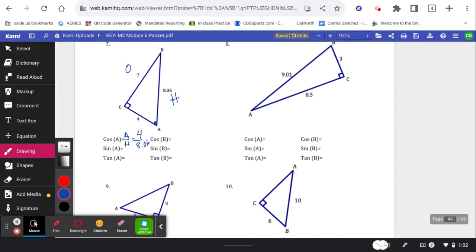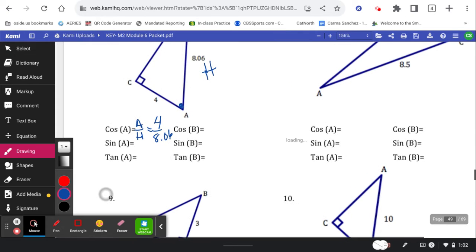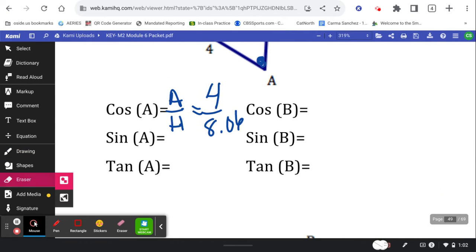And I actually want you to grab a calculator, divide these fractions, and get me the decimals, okay?